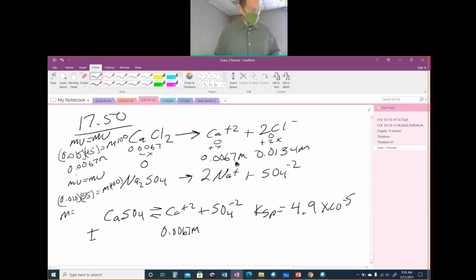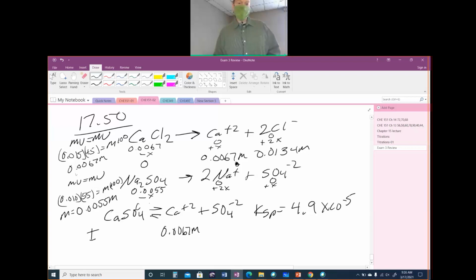And so our molarity of our sodium sulfate after mixing is 0.0055. So we have 0.0055, 0 and 0. We know that it is going to go completely to the right.